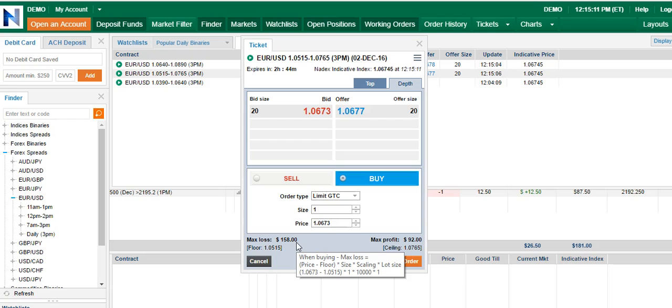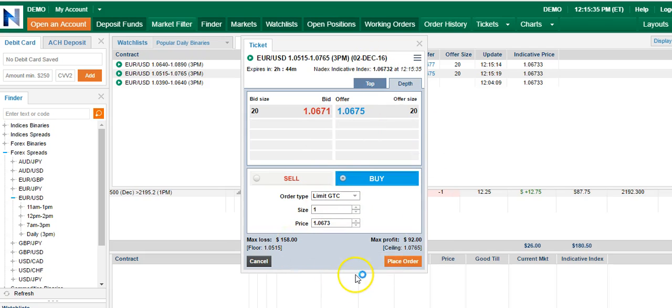So let's say there was a massive news event and you lost a trade. In a Forex market, if the stops weren't taken out and so forth, you'd be more responsible for that. In spreads, your max loss is $158. So if this went all the way down to 99, you're still at risk for only $158.